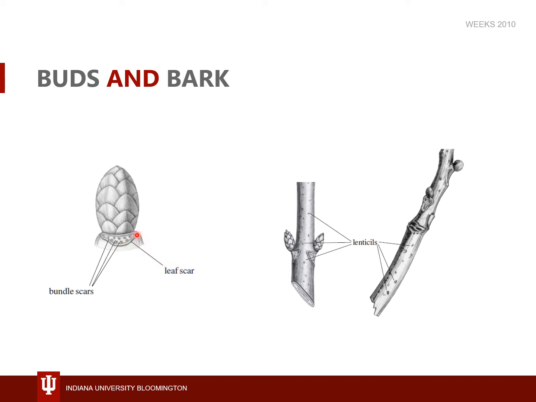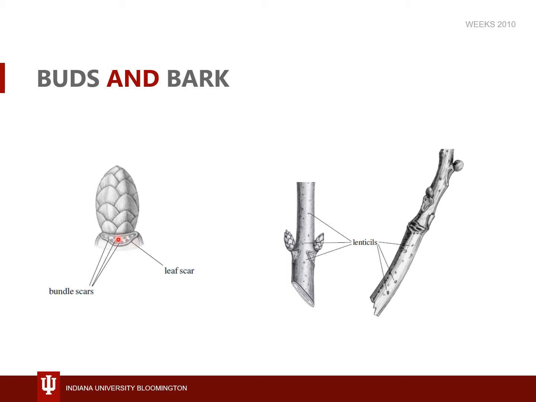So you get what's called this leaf scar underneath the buds, and that shows where a leaf was. These can be important if you're trying to determine different species. If a certain species is kind of hard to tell from one another, you can use these characteristics, where the shape of the leaf scar is distinctive, and the arrangement of bundle scars. And I'll get into what bundle scars are later on.